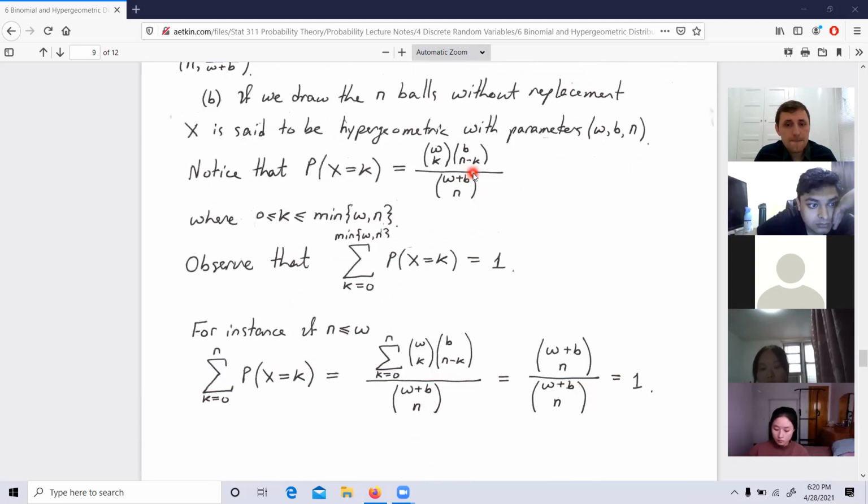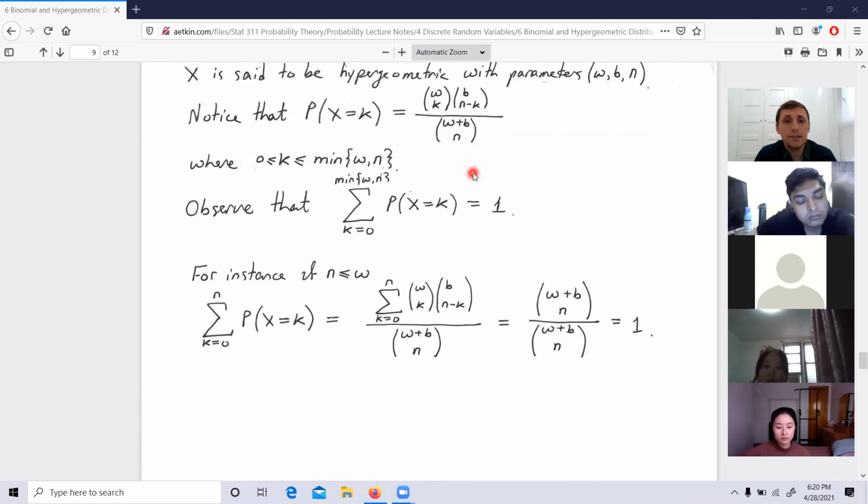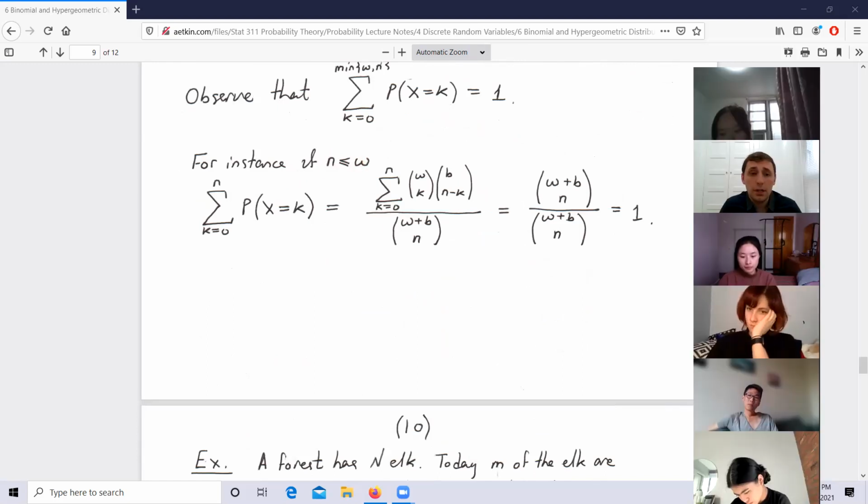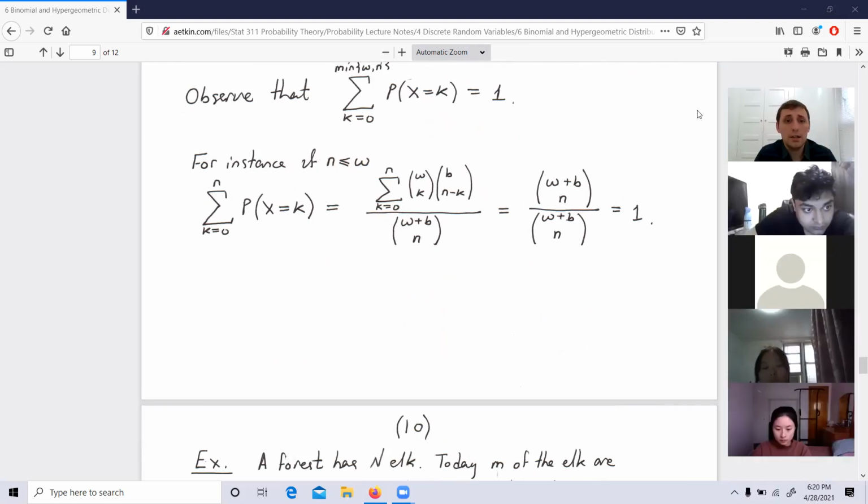Now, we can verify that the probabilities indeed add up to 1. So the sum of probabilities where k is 0, 1, 2, 3, etc. has to add up to 1. For instance, if n is smaller than W, then we have the summation from 0 to n of P(X = k), and that's the summation of W choose k, B choose n minus k.